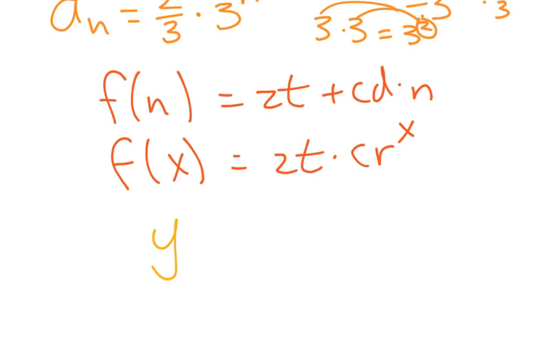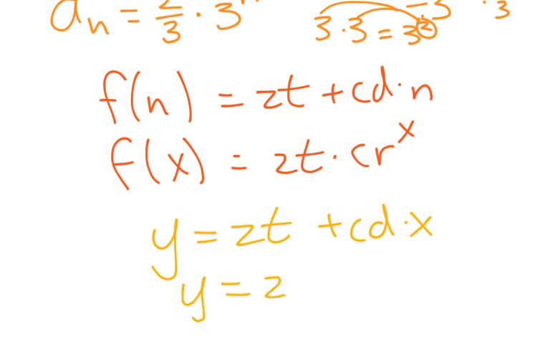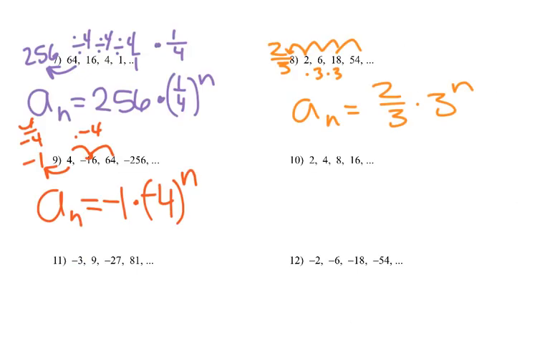We use y a lot too: zero term plus common difference, and you can times by n or x. In this case, it really doesn't matter what variables you use. Or the same idea when we're dealing with our geometric version. So you're welcome to use that different style if you would like. But I'm going to just use the a sub n because that's kind of what we've been using.